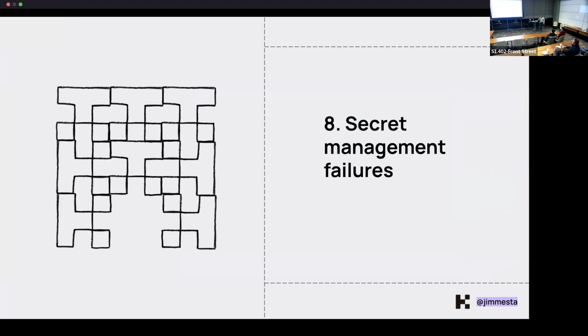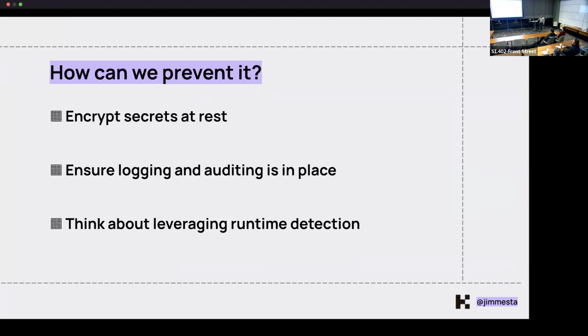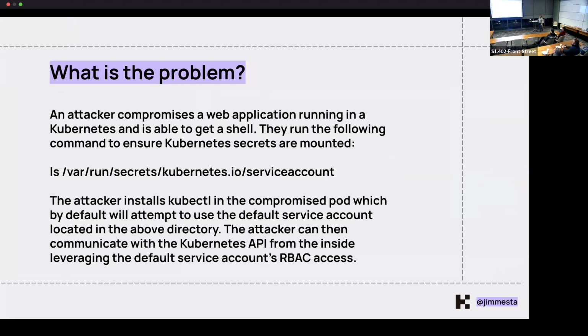Yeah. Secret management failures. So I think there's secret management failures in every part of the stack. Kubernetes just does some strange stuff. So this comes back to how Kubernetes handles secrets.